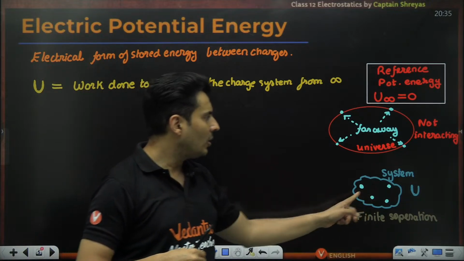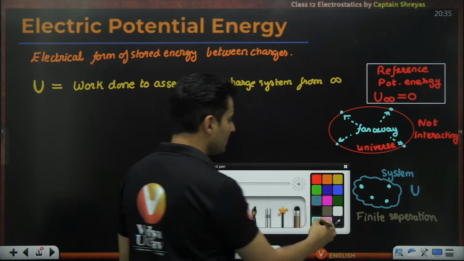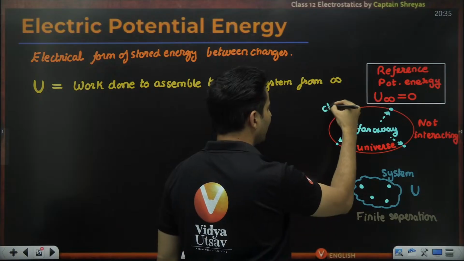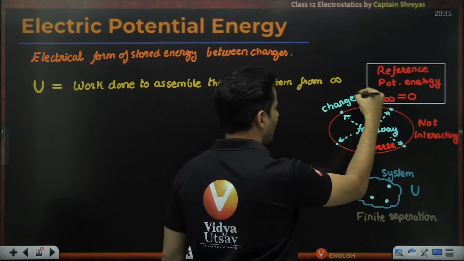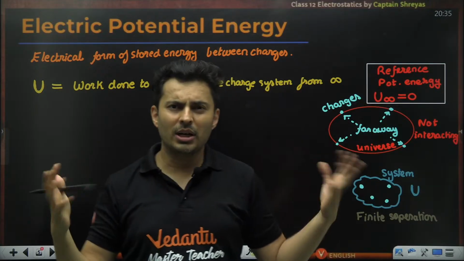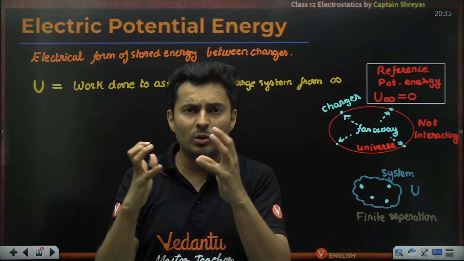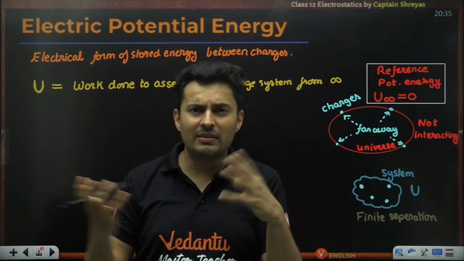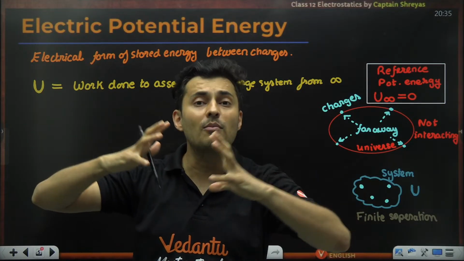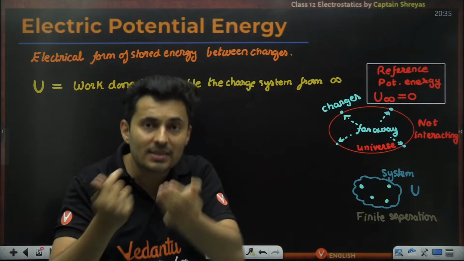Now imagine these are all charges. All these blue dots were nothing but charges. They might attract, repel each other, whatever. So when I try to bring them together, there will be some repulsive or attractive forces, so I might have to do some work.